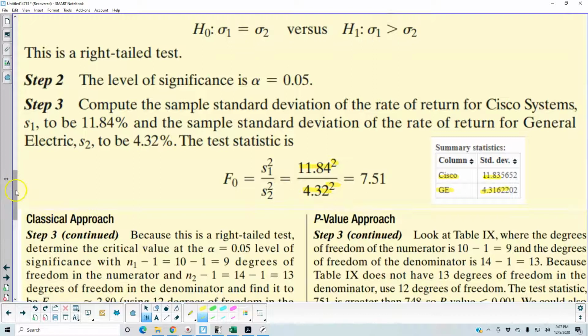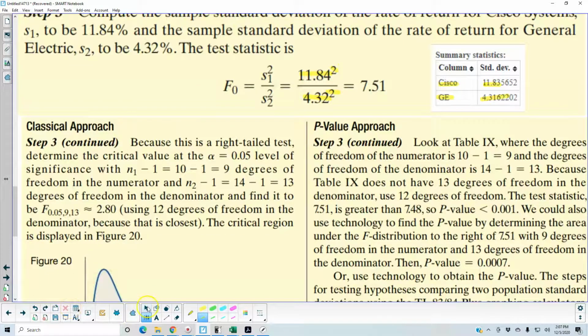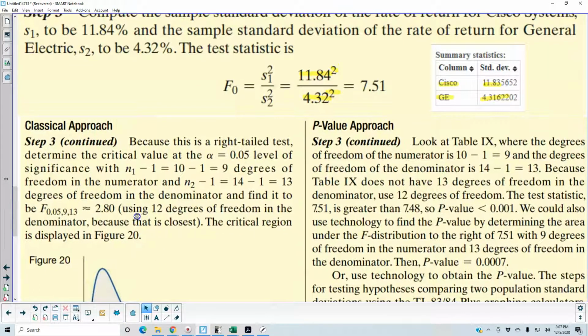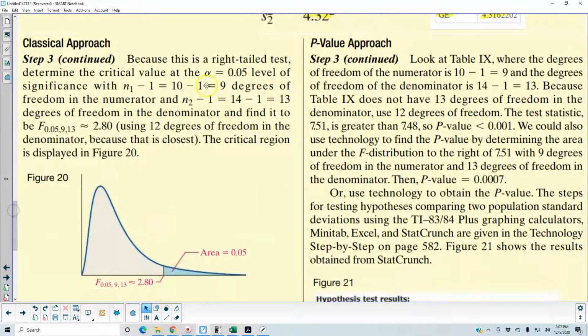Okay, now we're going to go through the classical approach, using the critical values. So in order to do that, we're going to go through step 3 here. Because this is a right-tailed test, we need to determine the critical value at the alpha equals 0.05 level of significance. That means our area over here on the right is 0.05.